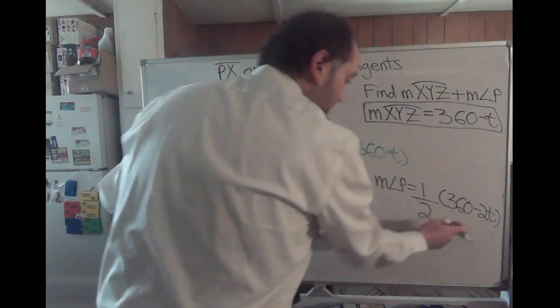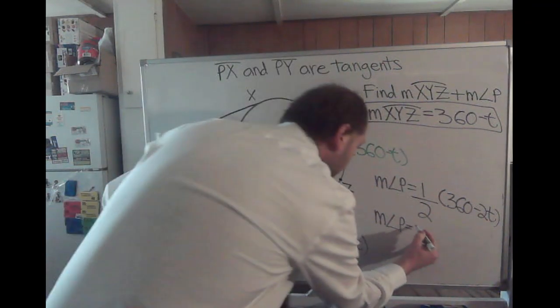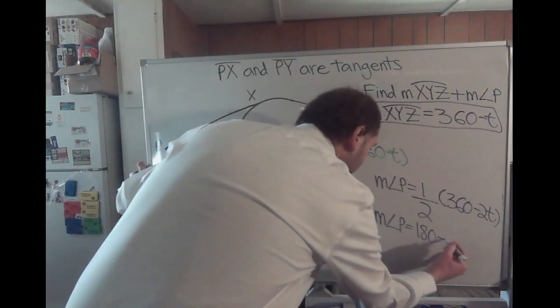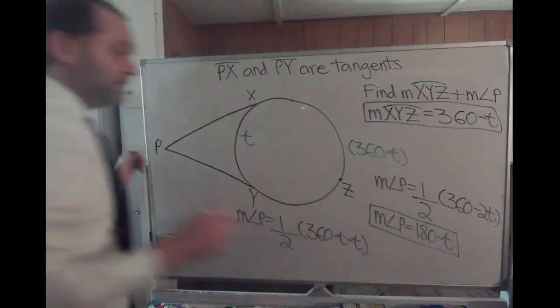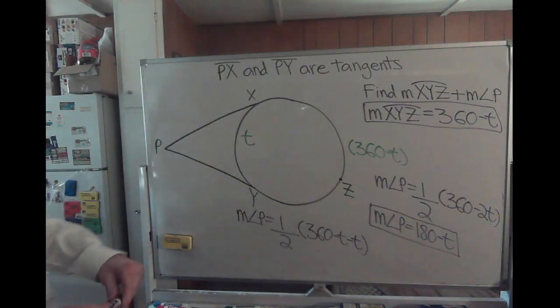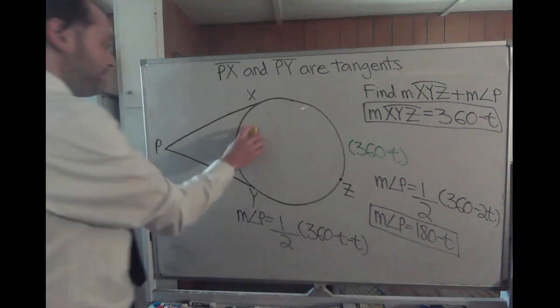If you distribute that half, you would end up getting that the measure of angle P equals 180 minus t. So in terms of t, the measure of angle P is equal to 180 minus t. So that was a bit of an algebraic one.